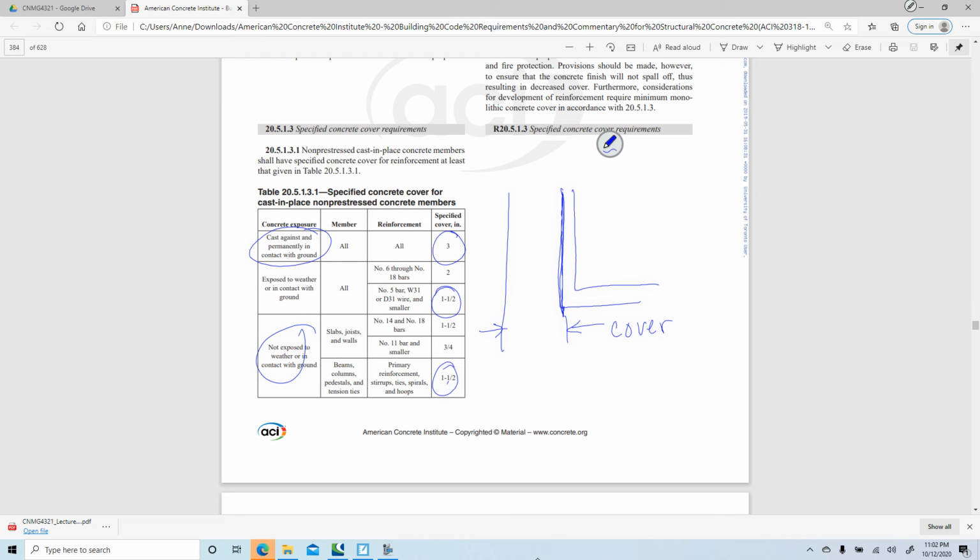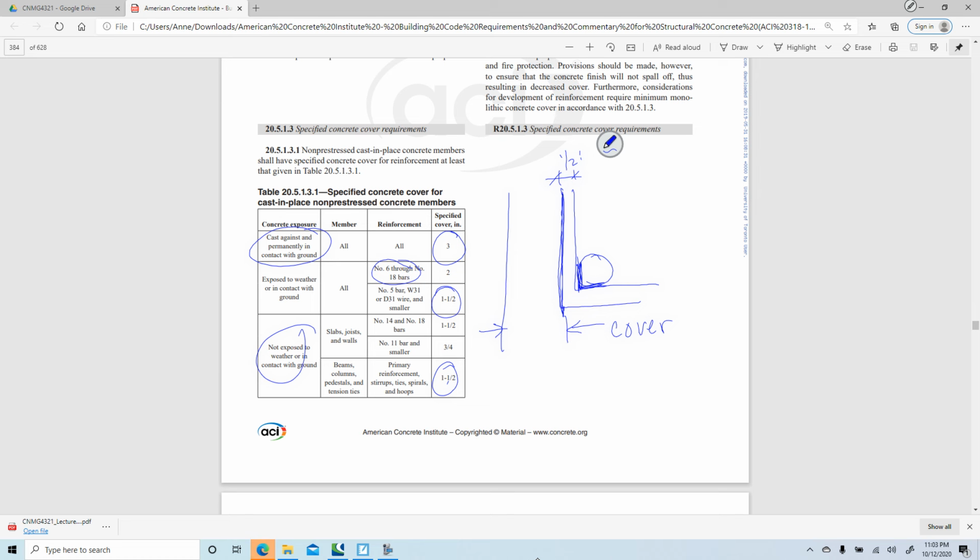Now, actually, this exposed to weather might be your longitudinal reinforcement, because that stirrup's not always going to be there, but if that stirrup is a number 4, so a half inch, then it would be 1.5 inches cover plus half-inch hoop before it gets to your longitudinal reinforcement.